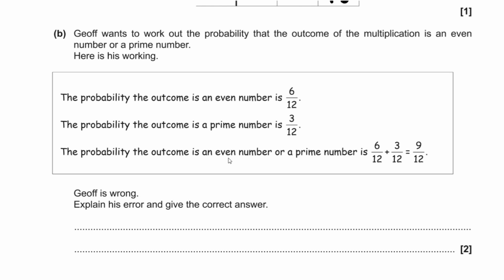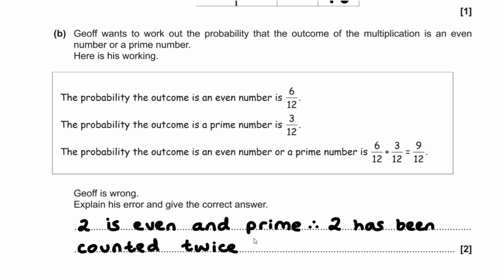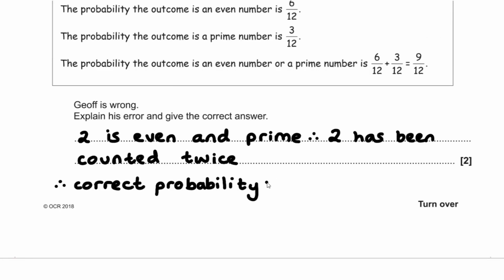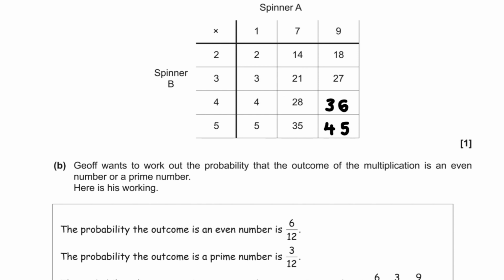Well, the idea here is 2 is even and prime, so the 2 has been counted twice, so we need the correct probability. So the correct probability, let's work this out. We've got the 2, the 14, the 18, 3, 4, 28, 36, 5.